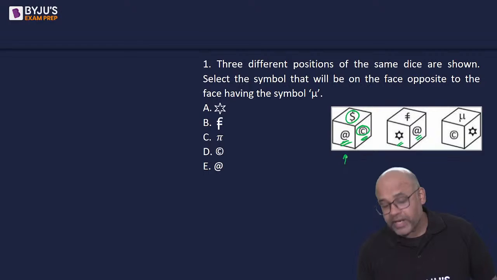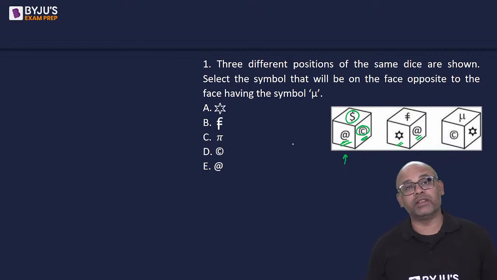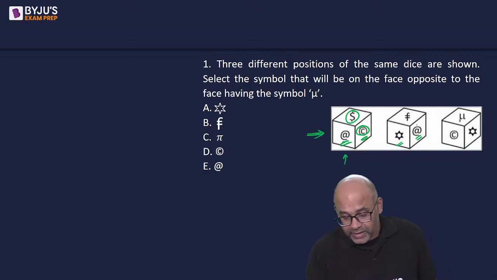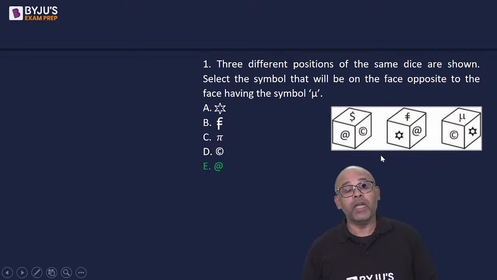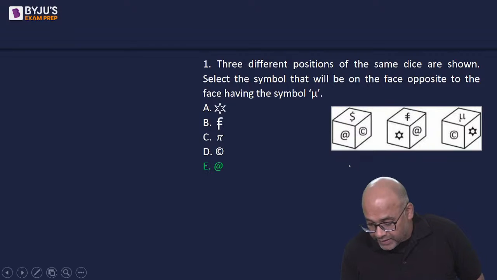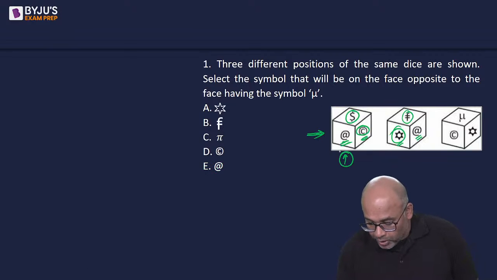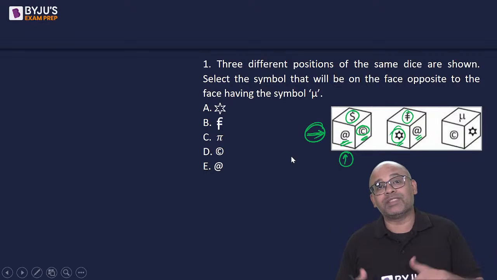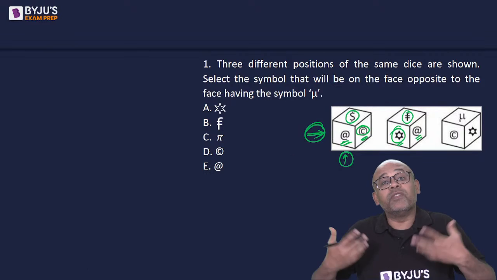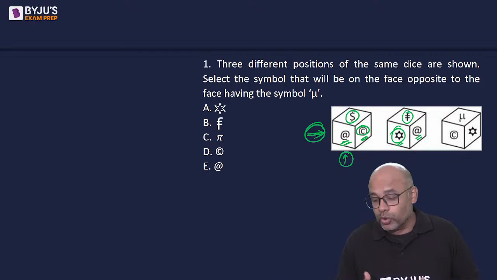The bottom side is open for at the rate and the other side here is open for at the rate. Now you can see that one side of at the rate is this F and the other side is this star, which means that of this bottom and this side, one of them is a star and one of them is an F. But which is which, we still don't know. That is where the third figure will come into play.